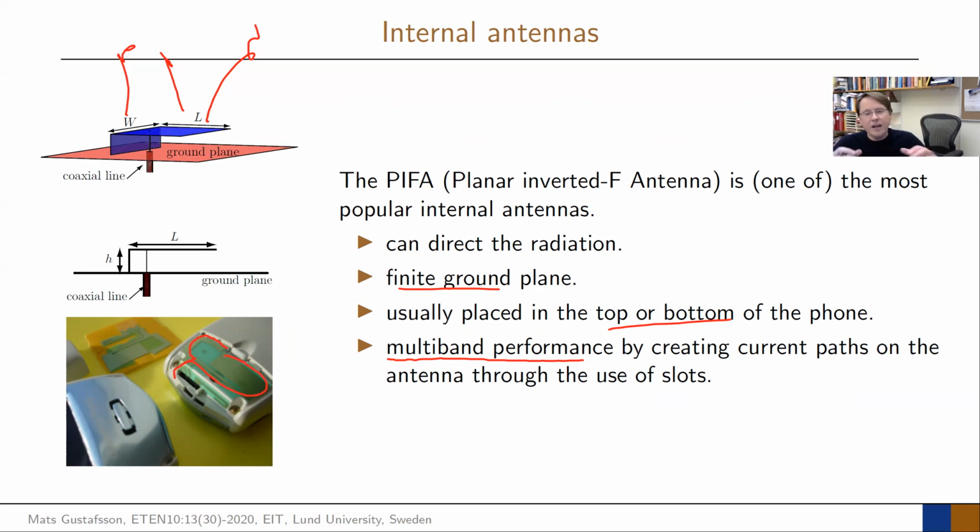And if they have different lengths, you can create multiple frequencies, in the same way as for those of you who did a multi-resonant patch antenna. You can see you have 2 dominant different resonant lengths. That gives 2 different resonances, and that's a multi-band antenna. And of course, in phones, it's not enough with 2. You need to create even more in these cases. But it's simpler to do that than with the external monopole antenna.